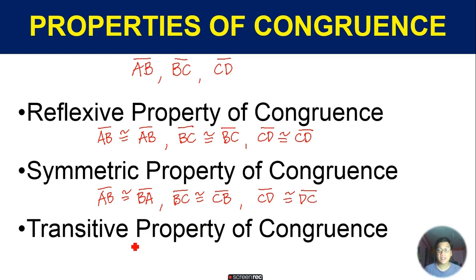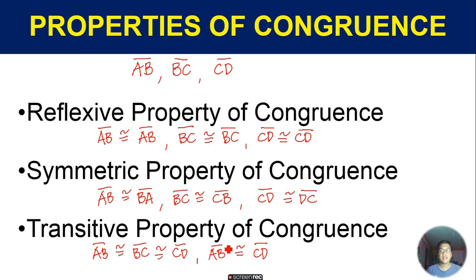Now, how about the transitive property? The transitive property illustrates that if line segment AB is congruent to line segment BC and line segment BC is congruent to line segment CD, we can say that line segment AB is just congruent to line segment CD by transitive property.